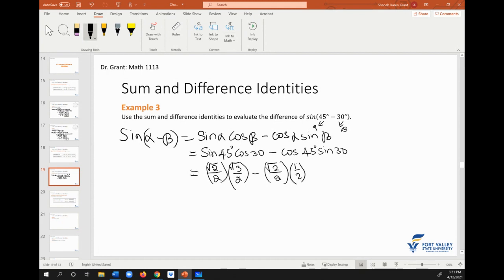So we're just now simplifying. This becomes root 6 over 4 minus root 2 over 4, and so this becomes root 6 minus root 2, all divided by 4. Okay, so really straightforward.